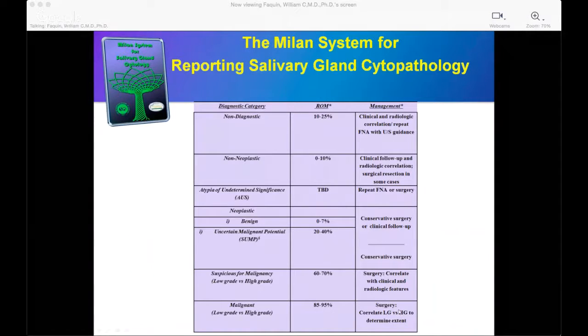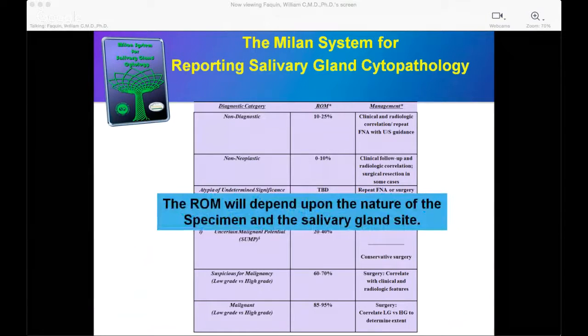And as you see over here, surgery is indicated for most of these patients. And again, correlation with low-grade versus high-grade to determine the extent of surgery. And these are associated with risk of malignancy going up into the 90% or higher spectrum.